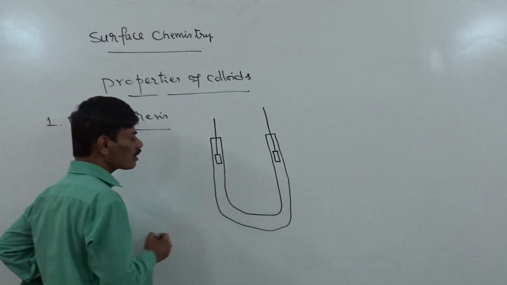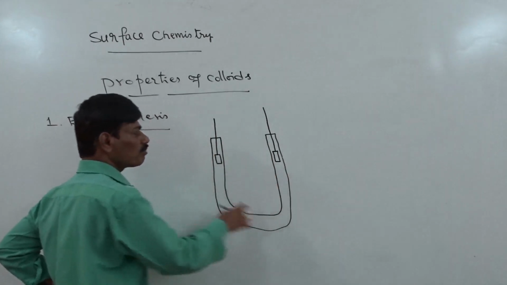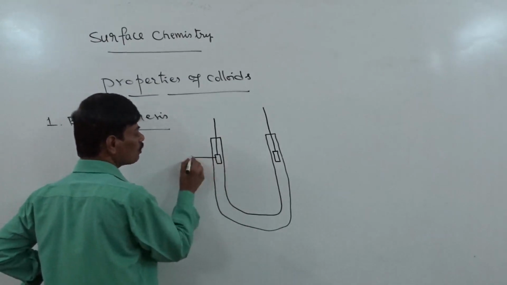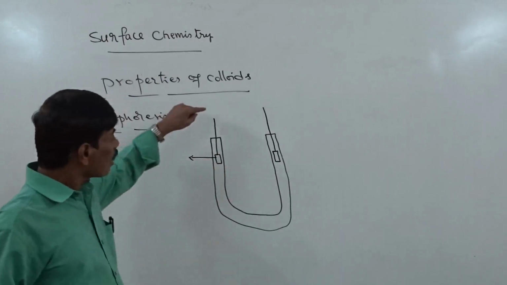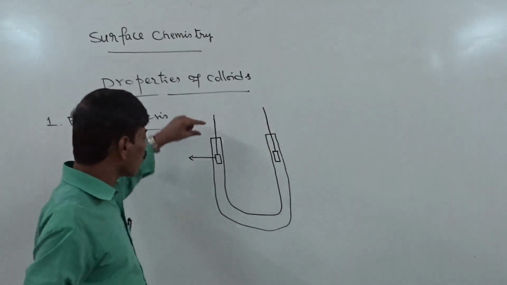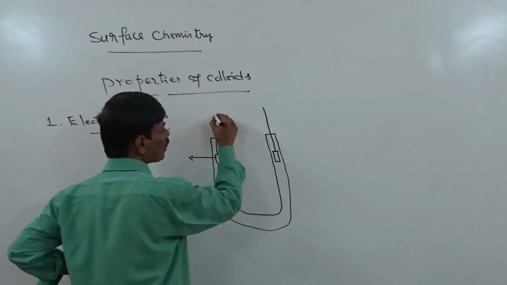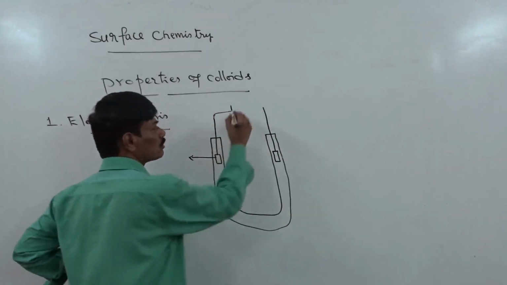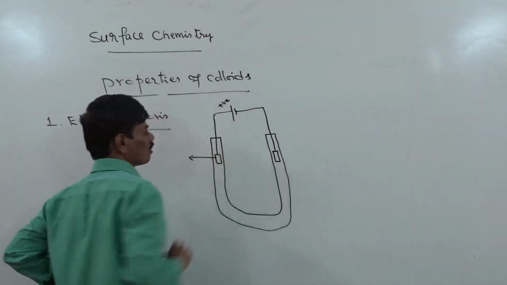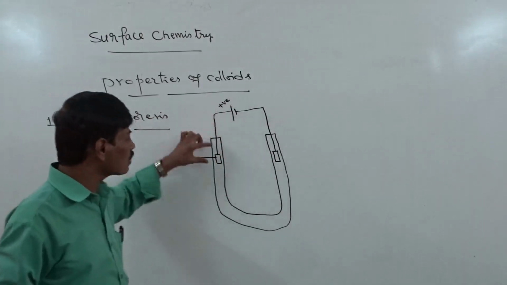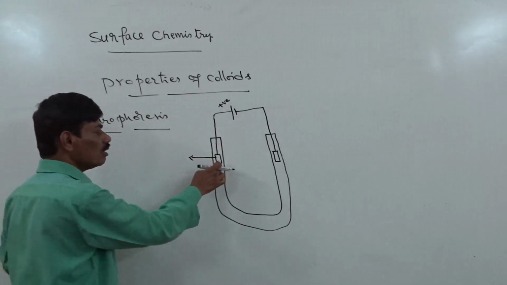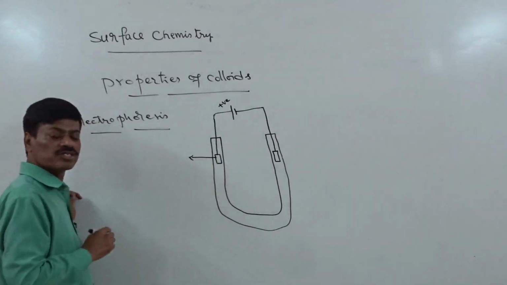And we have taken the colloidal solution in this U-shaped tube. These 2 electrodes are connected to a battery of suitable voltage. Imagine this electrode is connected to a particular terminal of the battery that has positive charge. Therefore, this platinum electrode will have positive charge.